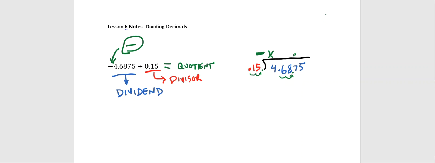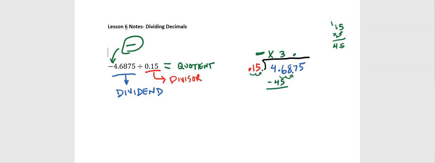If I try 15 times 2, I know that's 30. And if I try to squeeze in one more group of 15, 15 times 3, that gives me 45. And if you weren't certain of that, what you would do is a little bit of multiplying off to the side here. You would see 3 times 5 is 15, carry the 1, 3 times 1 is 3, plus the 1 is 45.